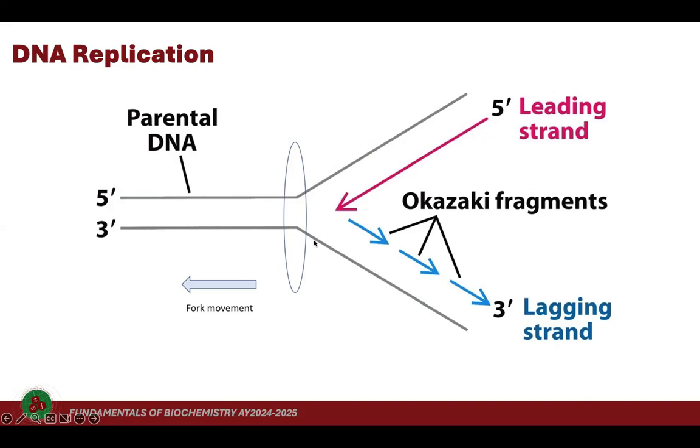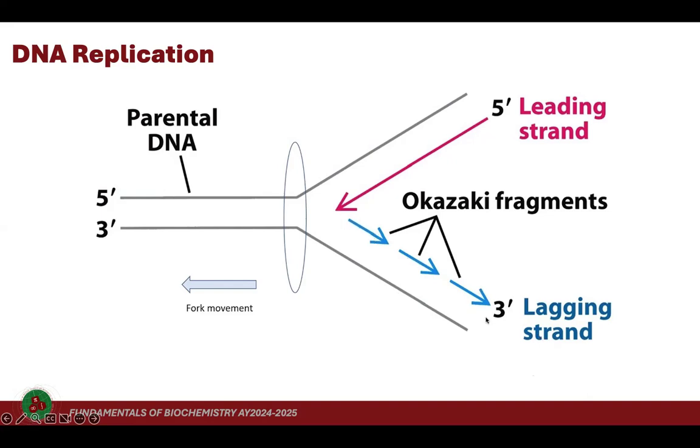Okay, versus if we are using the 3' to 5' strand of the parent DNA as the template, we cannot do the synthesis of the new or the daughter strand continuously because of the replication fork. Okay, so this is the hindrance. So what the cell does instead is what we call the lagging strand.